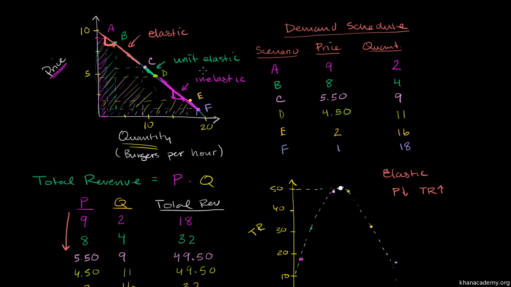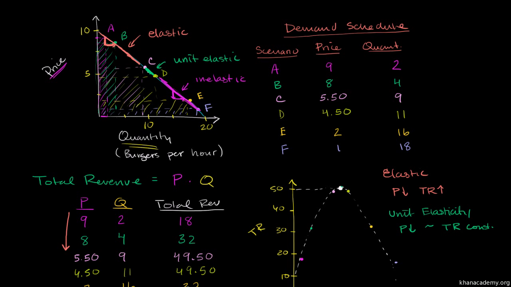Then when you are at unit elasticity, you are right at this point right over here, and roughly, when you do a price cut, and I'm going to say this was roughly true, your total revenue stays constant. But just right at that point, right when you're going through that unit elasticity point.